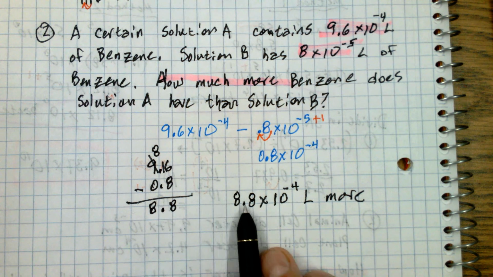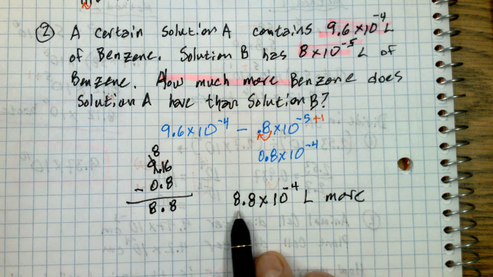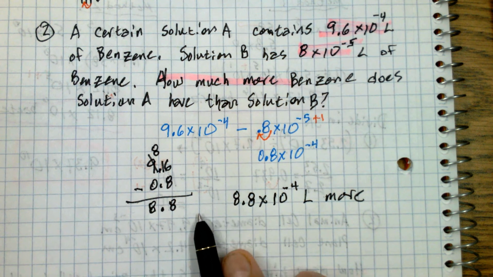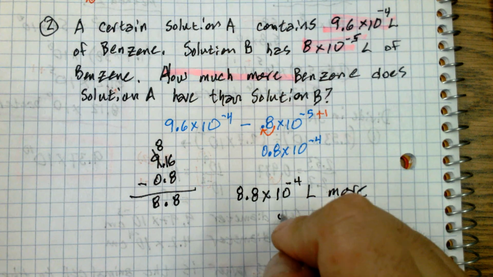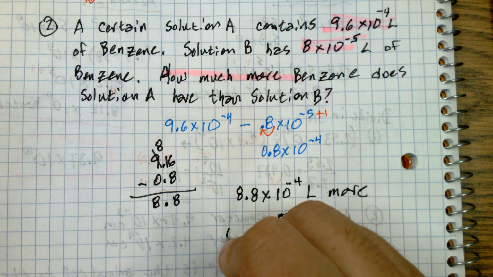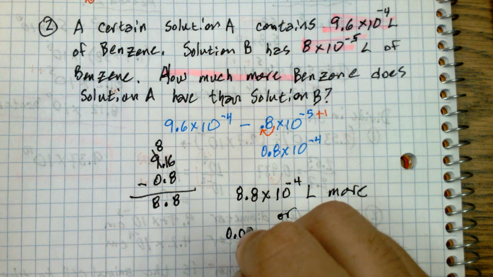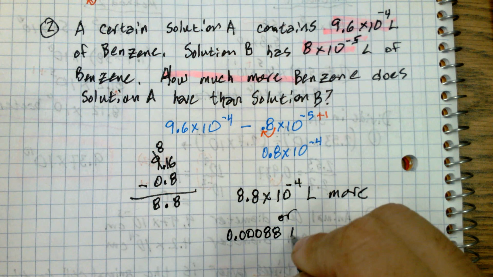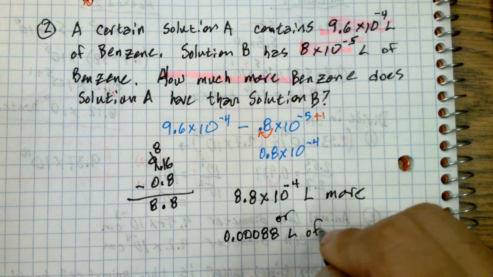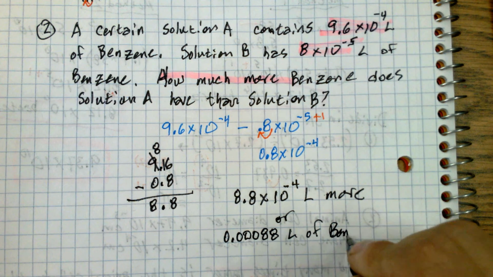So I'm going to have 3 zeros because one of the 4 spots got taken up by this 8 in the ones place, and then 3 more spots. So it's going to be 0.00088 liters of benzene.